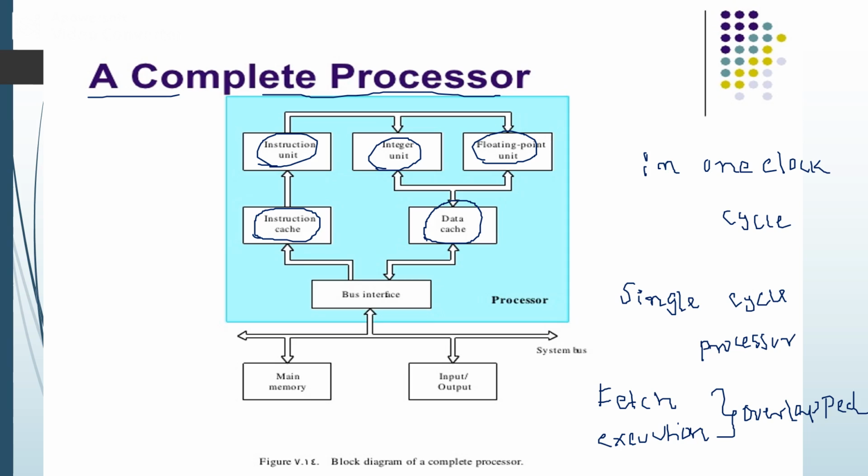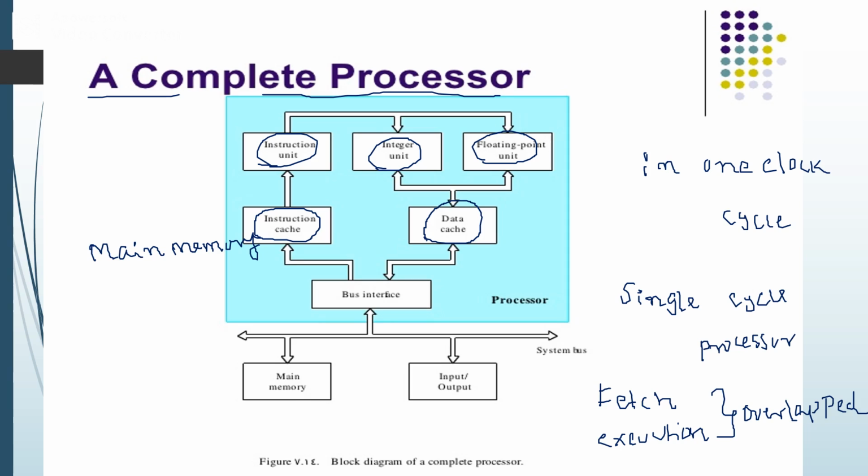Only if the information is not available in cache will the processor access the main memory. This reduces the memory access time and improves the performance.